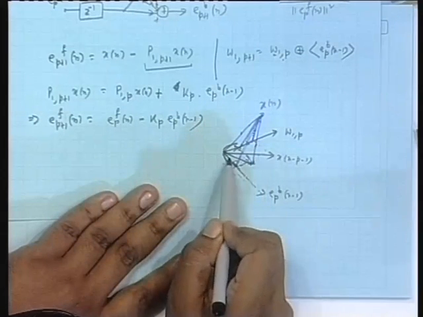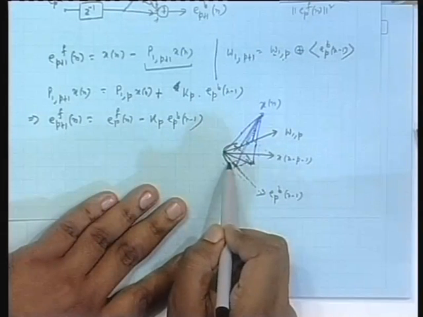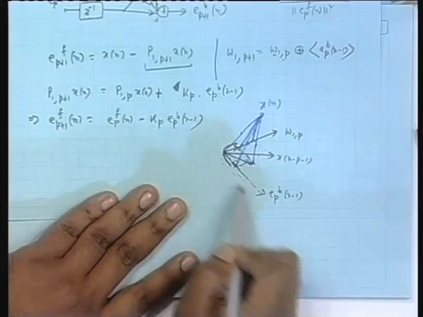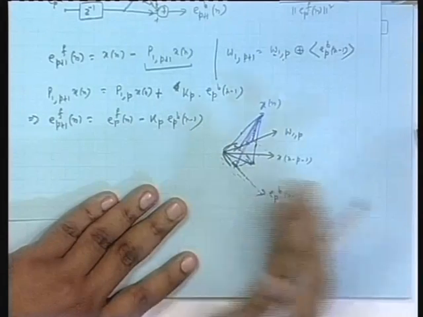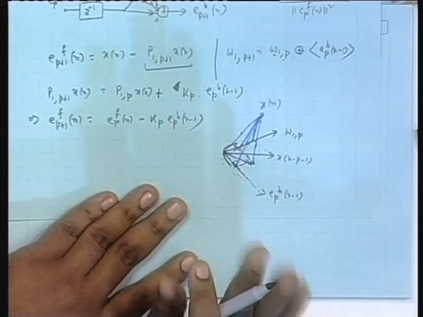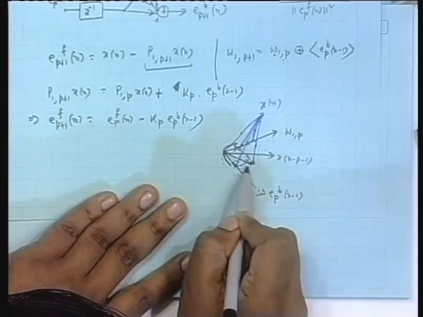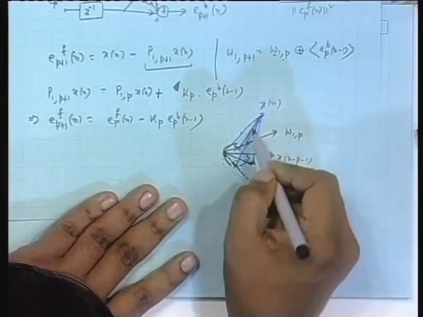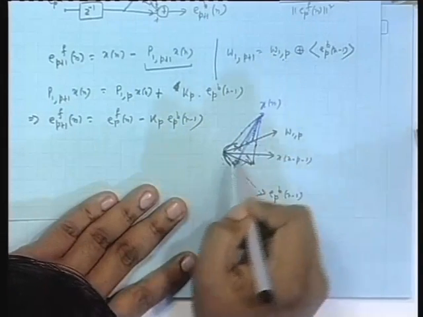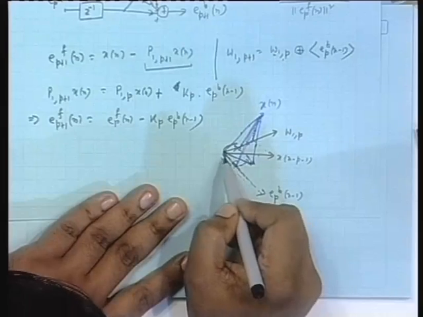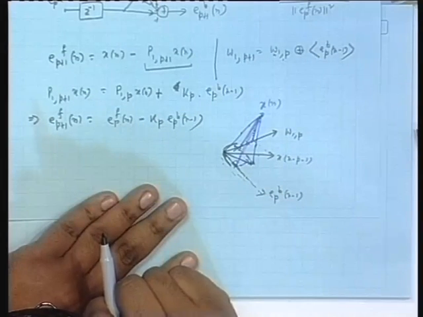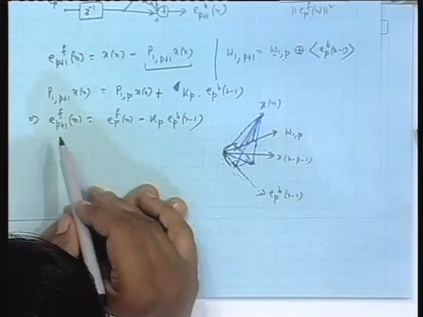This vertical component will go, second inner product with this divided by norm square of this into this, so you will get the same thing. So, whether you take this fellow and project it on this axis, or take the total thing x n and project it on this axis, you will get the same thing. Okay. So, then what is this error?